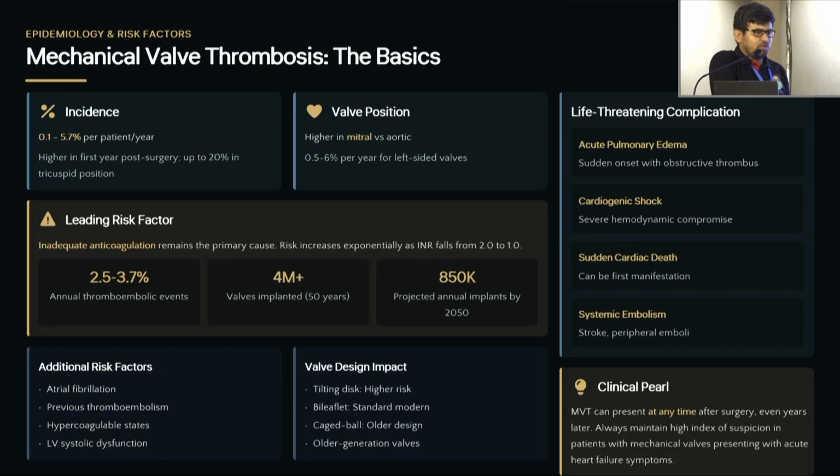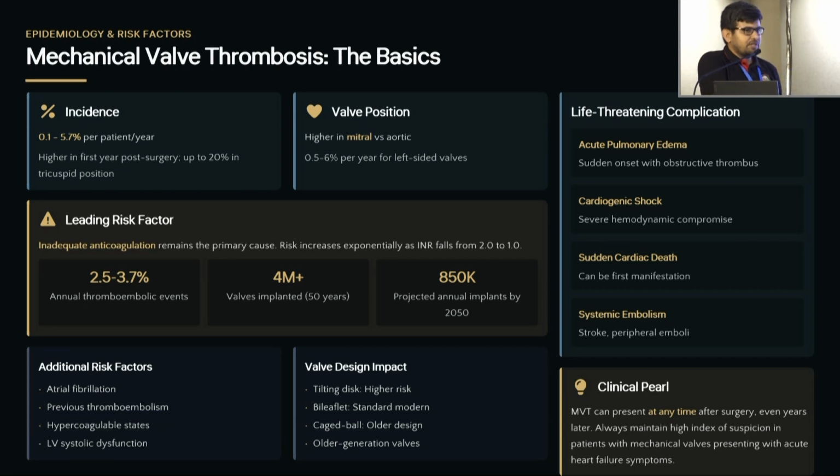So what are the life-threatening signs and symptoms with which they present? The patient may come with a sudden onset obstructive thrombus, which may lead to acute pulmonary edema. So any patient who comes with pulmonary edema with a previous mechanical valve replacement, we have to think about thrombosis of the mechanical valve.